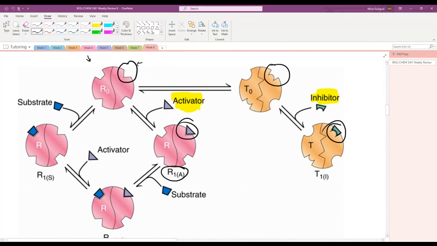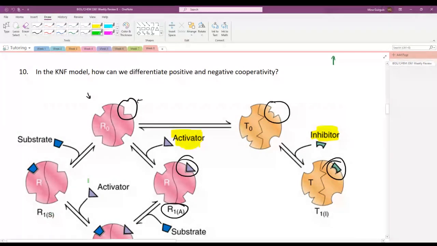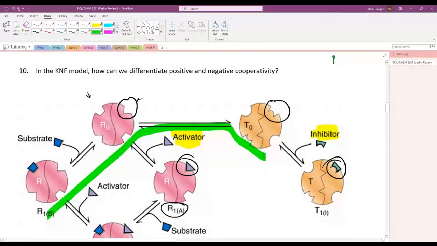So when a substrate binds to R, what happens is it forms R1. Okay, great. And for now, I only want to be focusing, by the way, on just this green part. We don't need to focus on the activator parts for now, but just in brief.